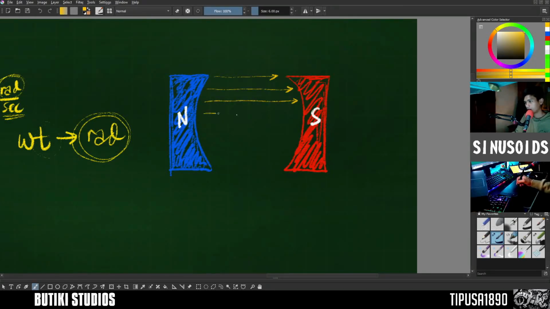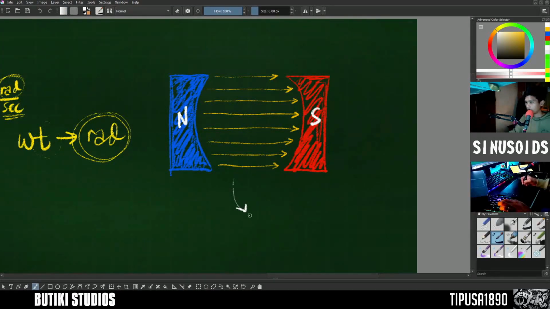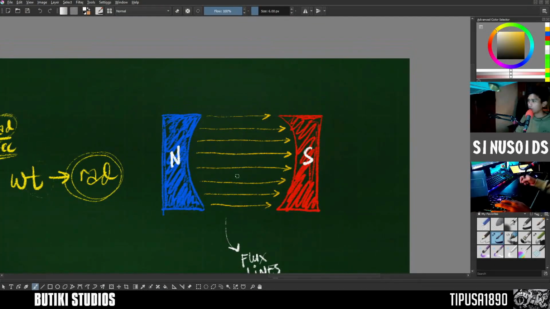There is a certain force between the two of them, right? These lines of force, we call them flux lines. These are the lines of force created between two magnets. So these flux lines are essential in creating your electricity.